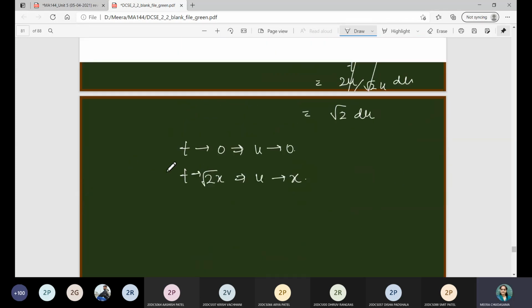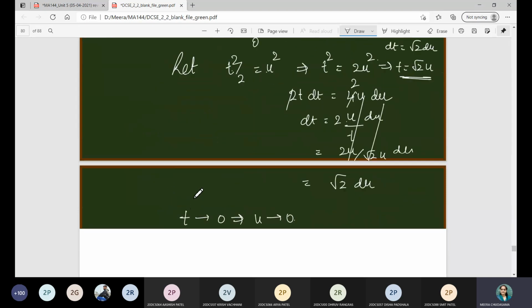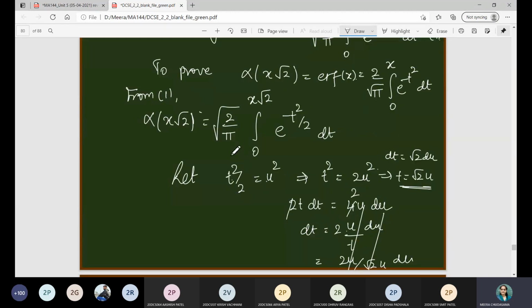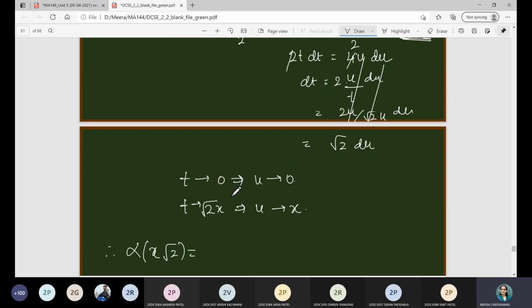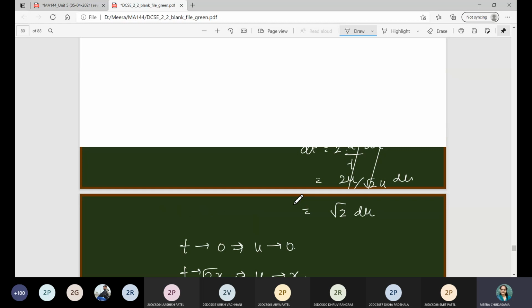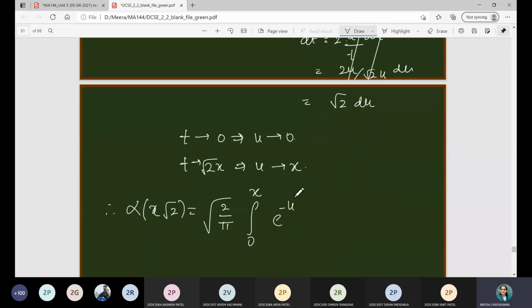So let us consider now. I have to write alpha x root 2 is equal to, what will this become? Square root of 2 upon pi, integration 0 to x, the integrand will be e raised to minus u square, dt is root 2 du.